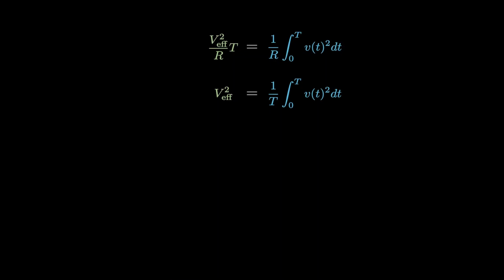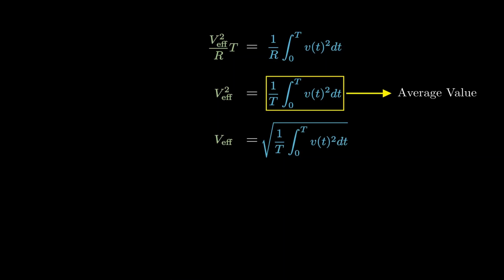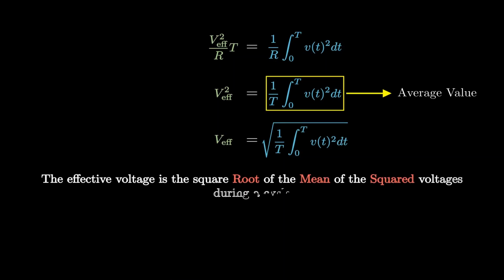The right-hand side of the equation is nothing but the formula for the average value of a function, which is given by integrating the function over a certain interval of the independent variable, in our case, time, and then dividing the result by the length of that interval, which is in our case, the periodic time, T. Then, taking the square root of both sides, we end up with the effective voltage being equal to the square root of the average of the squared voltages over one periodic cycle.